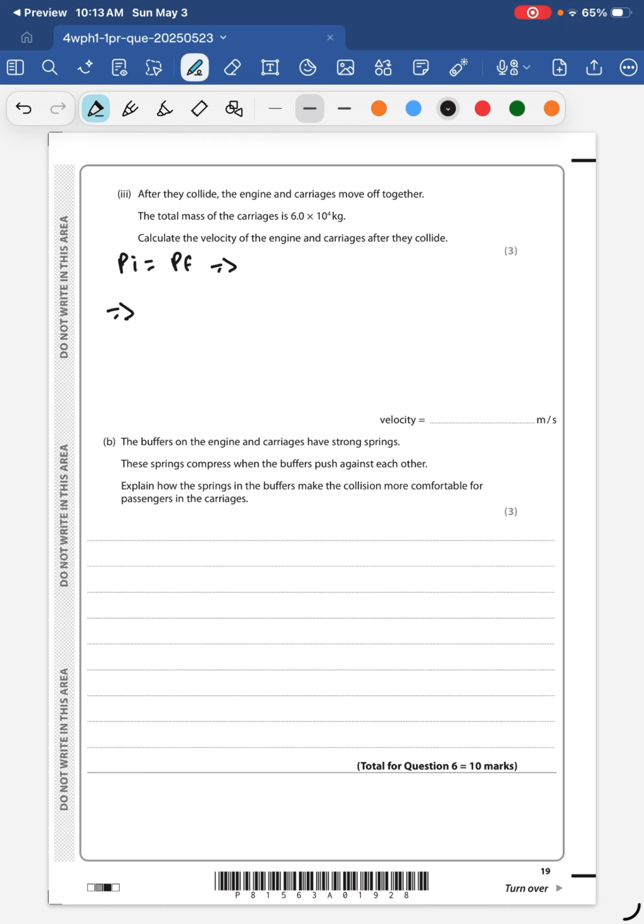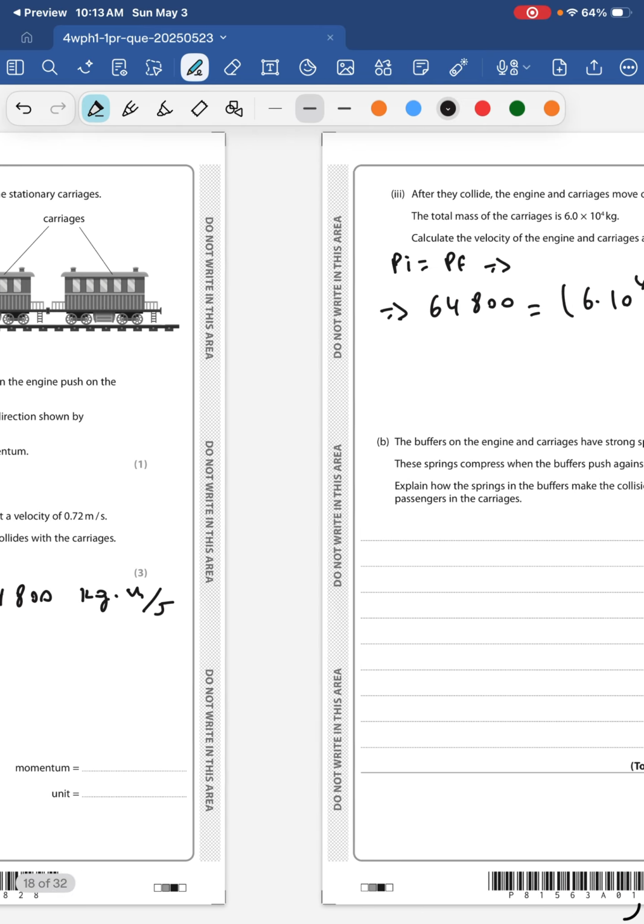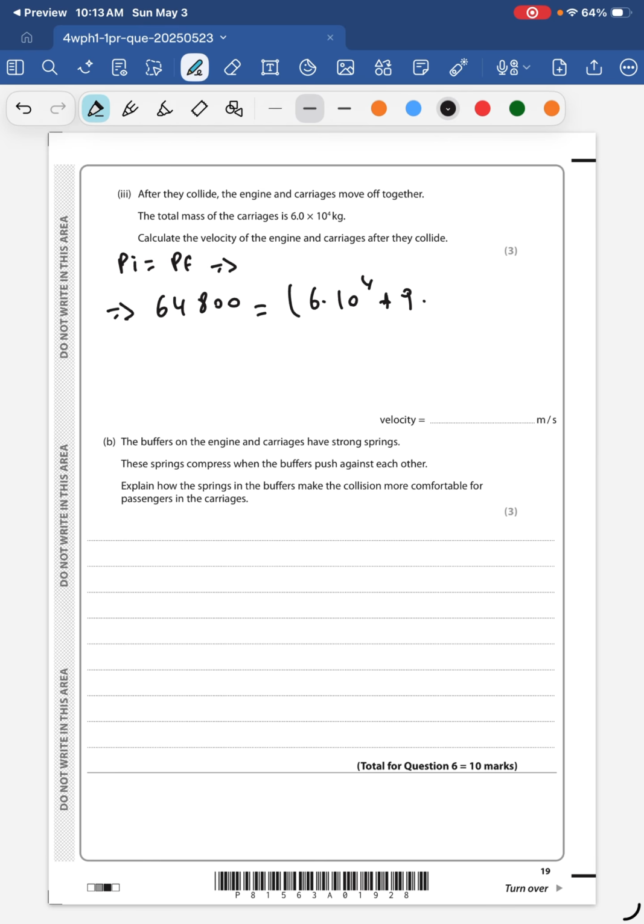The initial momentum is 64,800, and this is going to be equal to the mass of the system, which is now 6 times 10 to the 4 for the carriage, plus the mass of the engine, which is 9 times 10 to the 4, times the common velocity. So we have that V is going to be 0.43 meters per second.